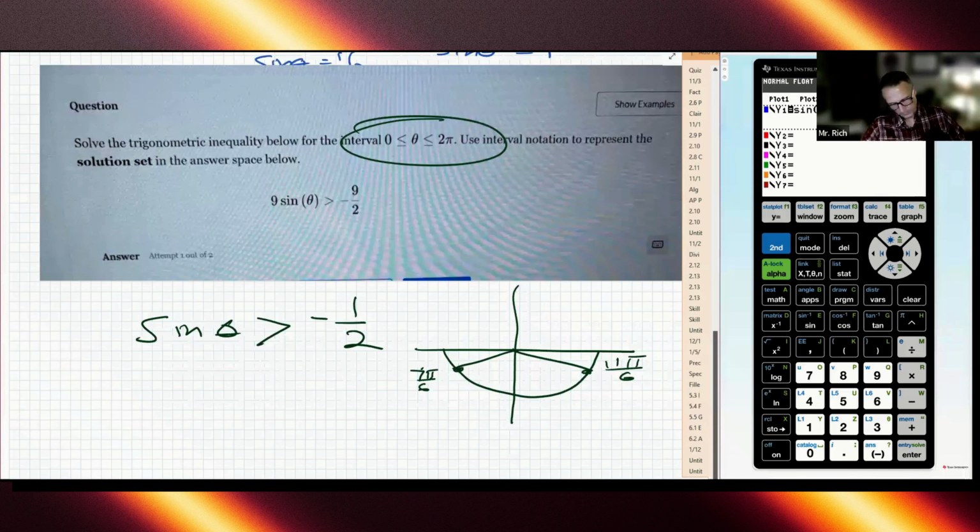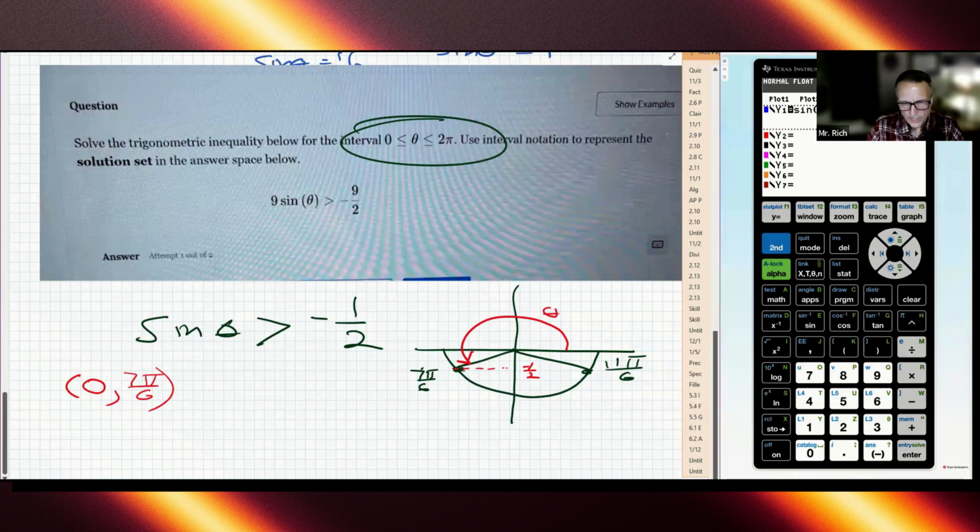Since the sine of an angle gives the y coordinates in the unit circle, one way to do this is to say, well, all of this rotation until I get to right here, because this is minus 1/2 on the y-axis. So my first interval would be from 0 to 7 pi over 6.